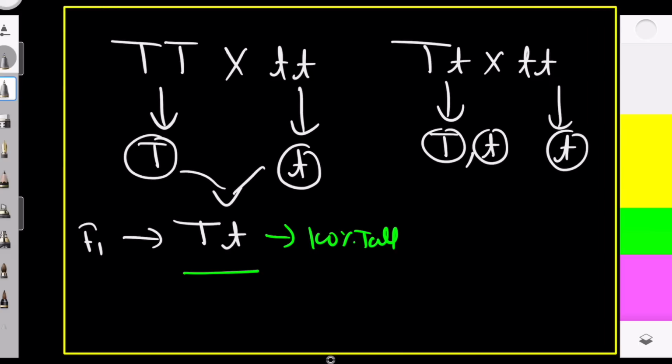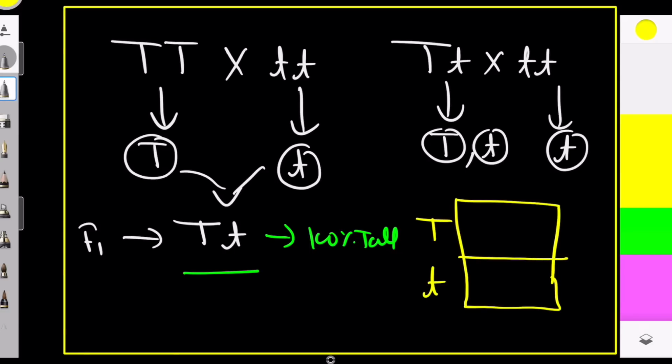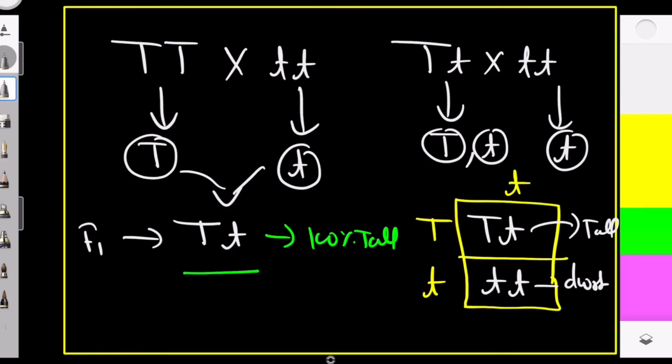Here you see the formation of one type of gamete, and if you solve this by Punnett square, we get capital T, small t, and small t. And if you solve this, capital T, small t, small t, small t. So this is going to be tall, and this is going to be dwarf. So here we see 50% tall and 50% dwarf.